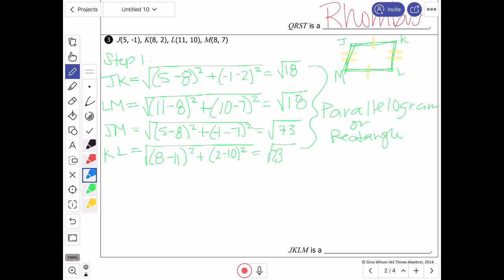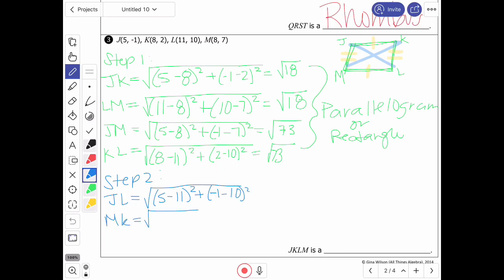Step 2, I'm going to try to show that either the diagonals are congruent or they are not. So my diagonals would be JL and MK. So JL, I'm getting ahead of myself.